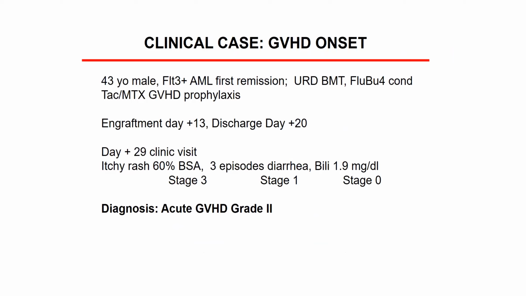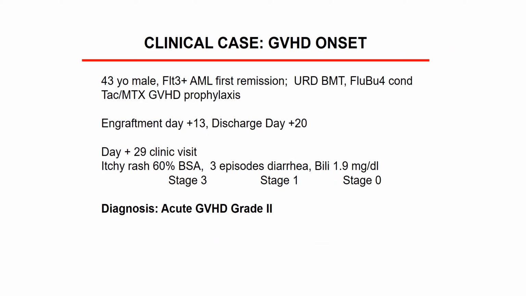So let's go back to our case. This, of course, is an adult patient. He's 43 years old. He engrafted on day 13. He responded very well just to some antipyretics. He was discharged on day 20.